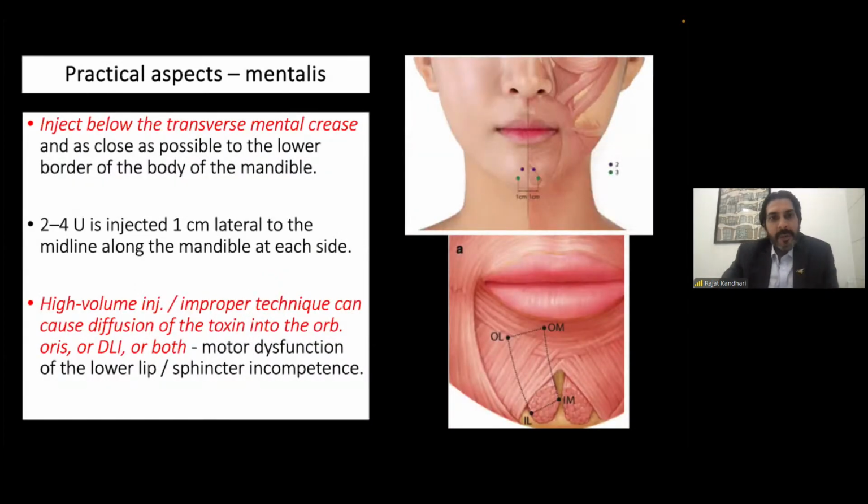When we come to the mentalis, inject below the mental crease. As Dr. Adrija said, there are different points and ways of injection, which we had illustrated in Dr. Venkatram sir's book, the ACSI textbook.